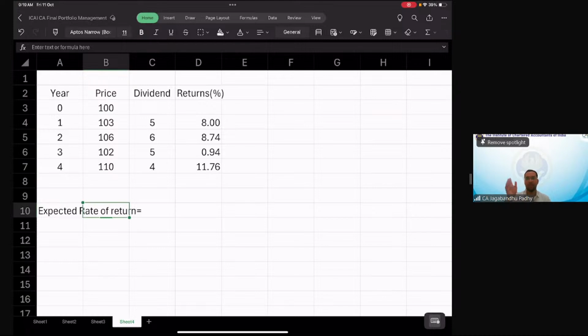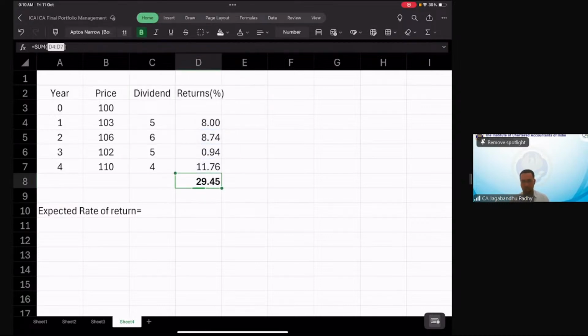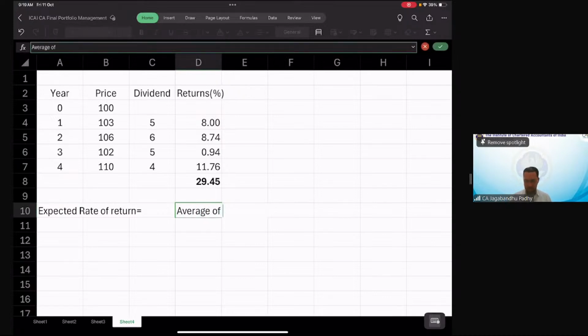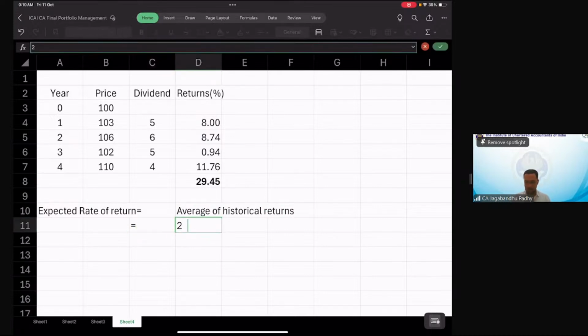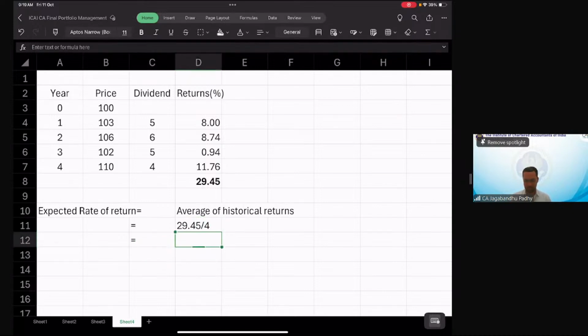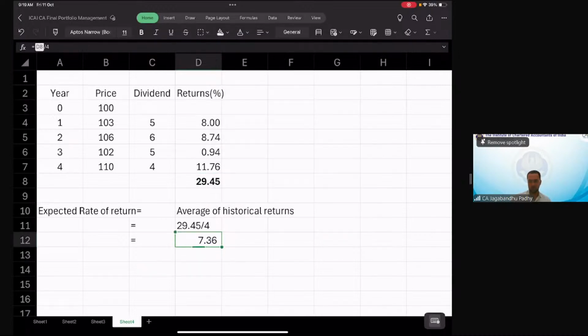Can I say simply take the average? We can simply take the average of all these returns. Now, of course, to take the average, we need the total. So the total is 29.45. The expected return will be simply the average of historical returns, which is 29.45 divided by 4, which is 7.36.